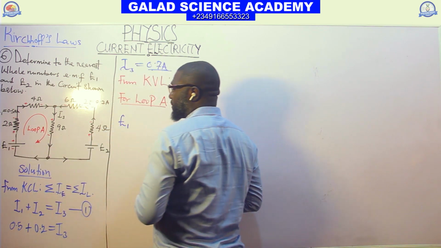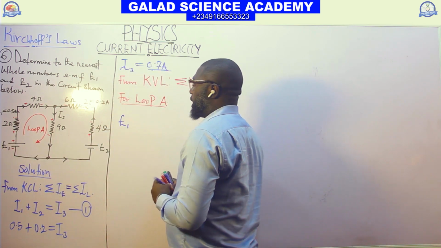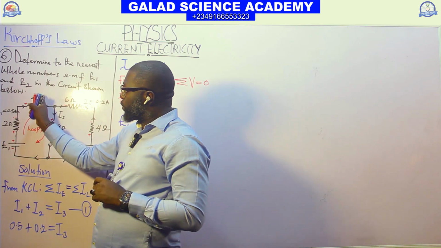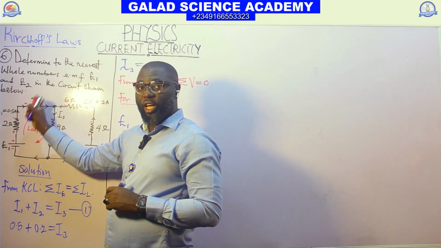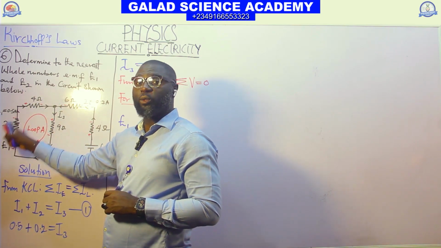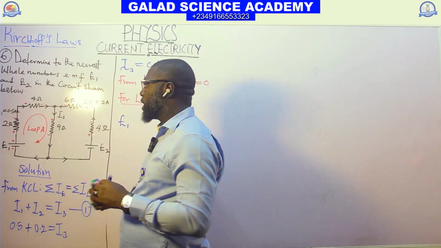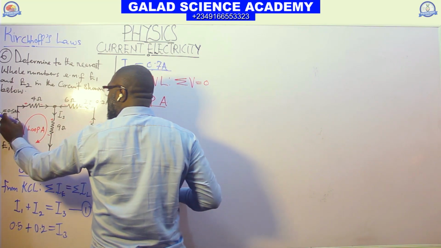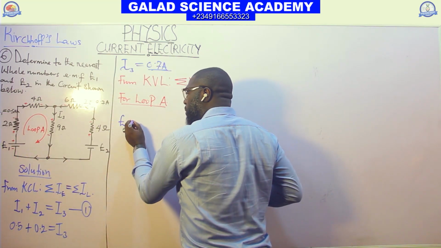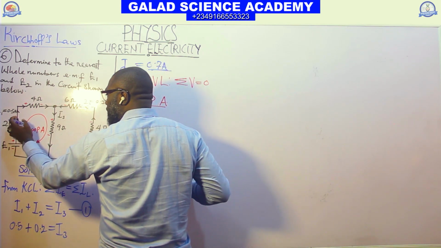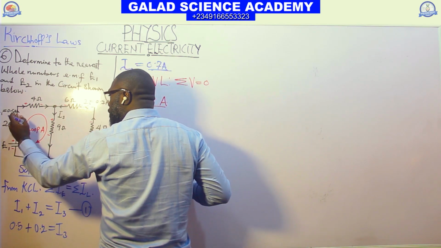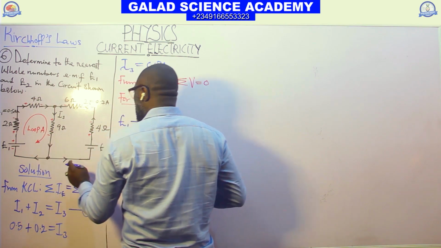In this case, these 4 ohms and 2 ohms are a parallel connection. Add the two together, and they serve as R1. This is their current, minus V1, because when it's going like this, there is a voltage drop here too.